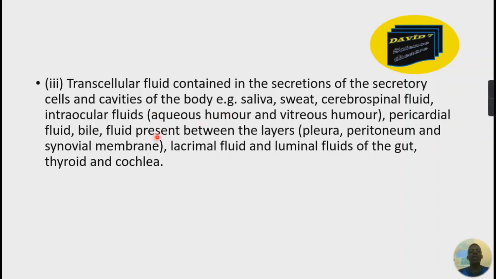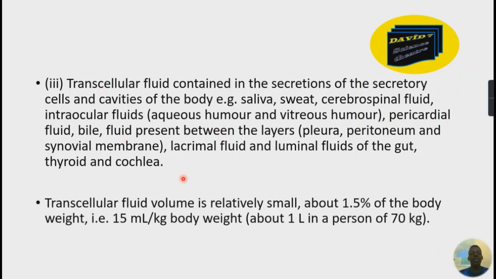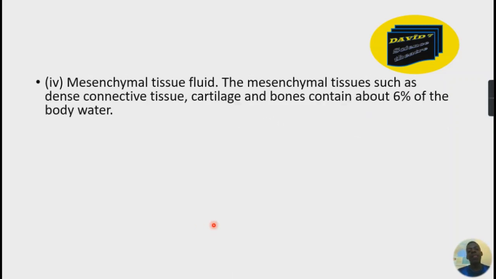So all these fluids secreted by the membranes into cavities, or by secretory cells, all that is transcellular fluid. Transcellular fluid volume is relatively small, just about 1.5% of the body weight. That is 15 milliliters per kilogram of body weight. That is 1 liter in a person of 70 kilograms. So 1 liter constitutes the transcellular fluid.